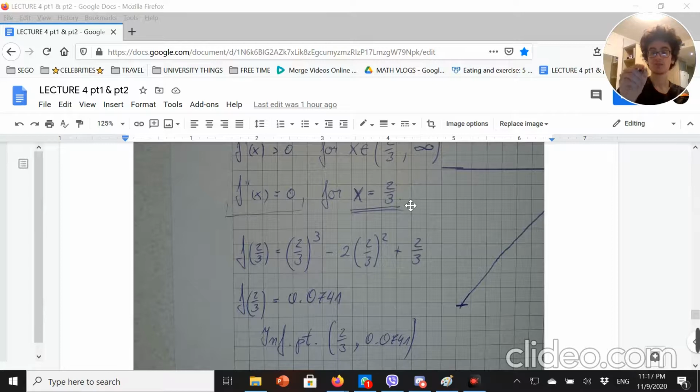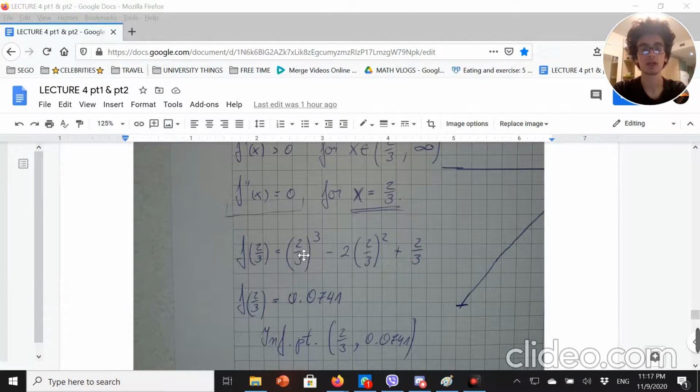Since it equals 0 for x being 2 over 3, that means that x will be the x coordinate for our inflection point. So our inflection point is where the second derivative gives us 0. Now, to find the y coordinate, we take our x value, plug it into the initial function, and calculate.